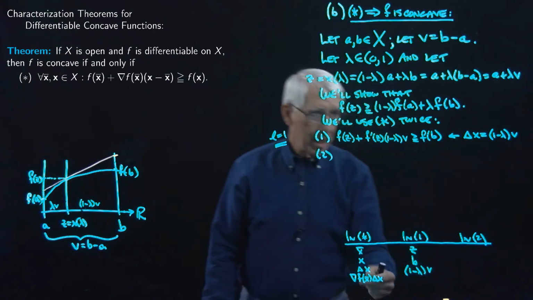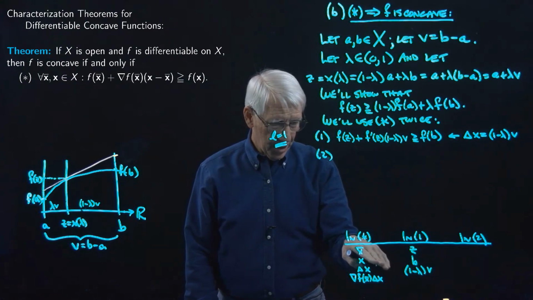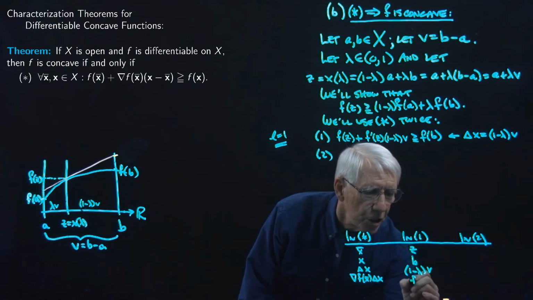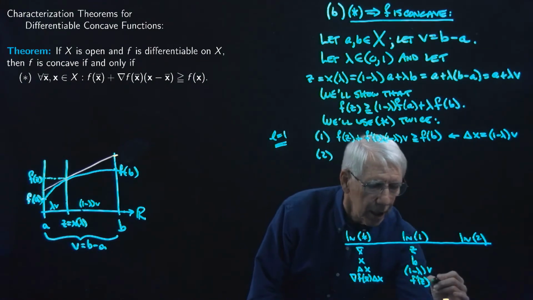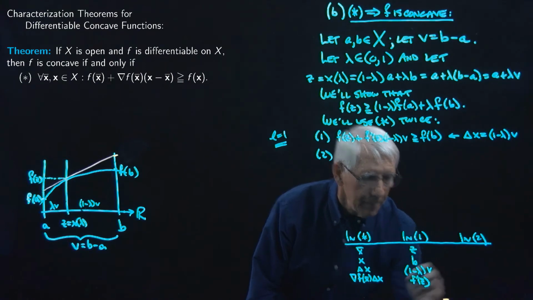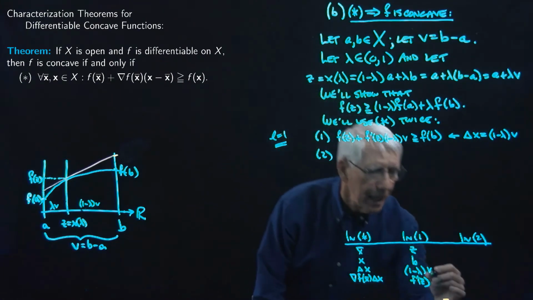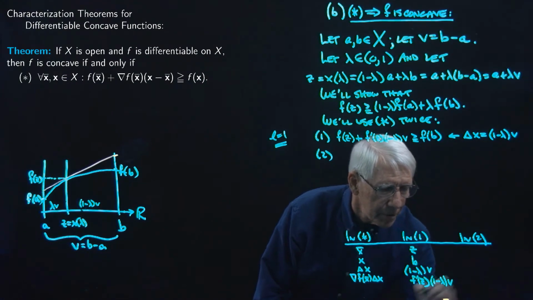But of course, I've said we're doing all this for just L equals 1 right here. So that means this gradient is just the derivative. So this is just f prime at z, because z is playing the role of x bar, times, and now this is what's kind of tricky, it's 1 minus lambda times v. So let's write 1 minus lambda times v.